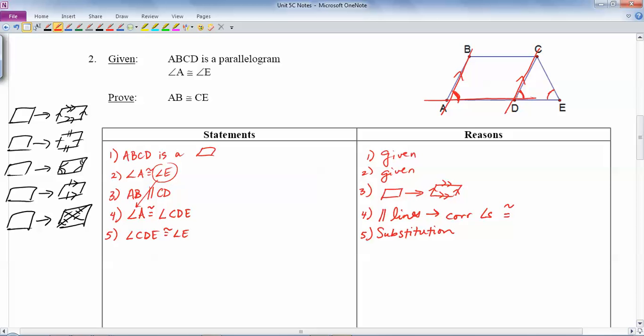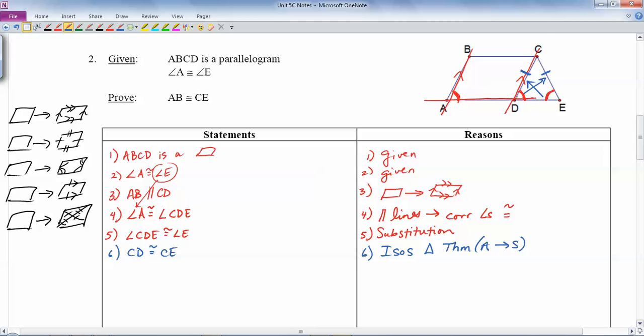So now I've got that these two angles in my triangle are congruent. And that's useful because that helps me get that these two sides have to be the same. So CD is now congruent to CE. And that's because of the isosceles triangle theorem, where you start with angles and you get sides.